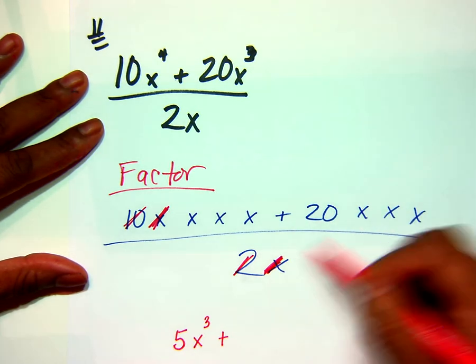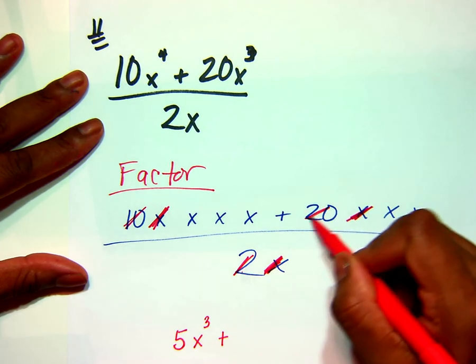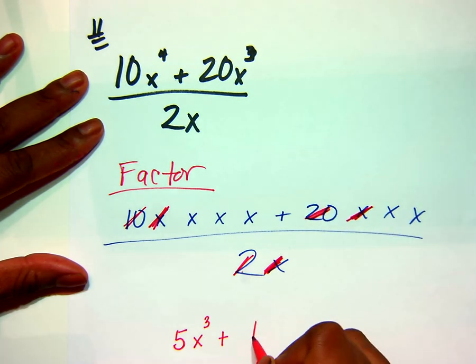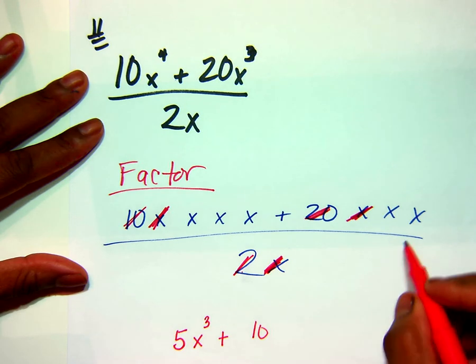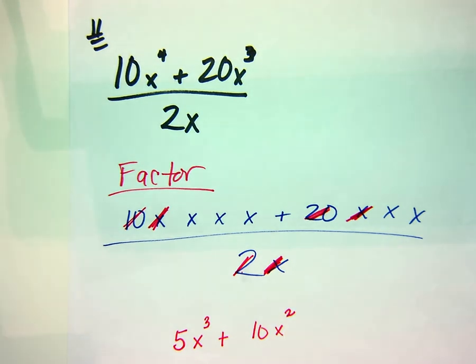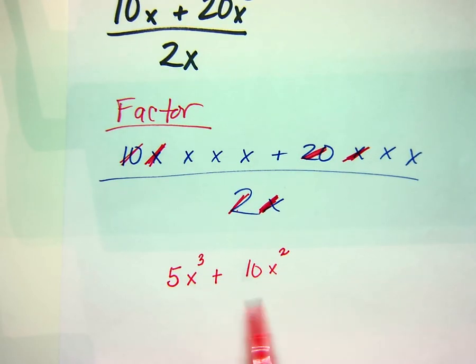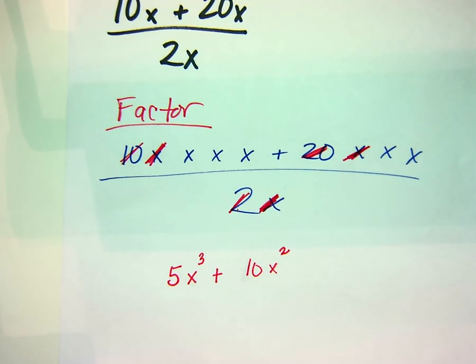So you got an x cancel out right here. You know that 2 can go into 20 10 times. And how many x's do you see remaining? You have 2. You are done. You cannot simplify that any further because the exponents are different. Again, factoring is the same thing as saying division. Well, let's look at one more that's dealing with division.